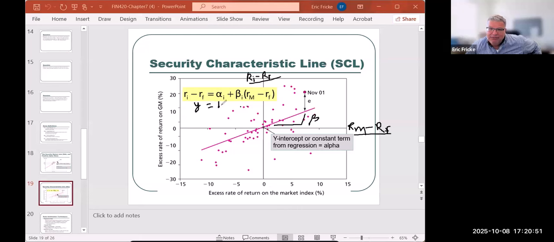Remember this from your math classes way back when? Y equals mx plus b. This is the y-intercept for a line, and this m is the slope.